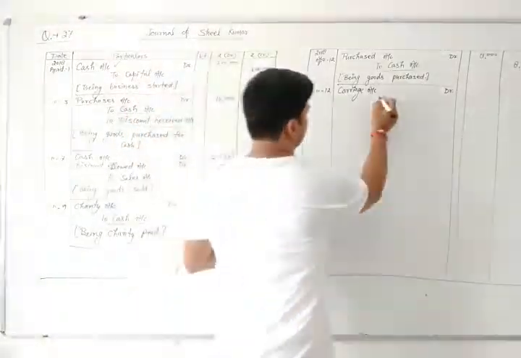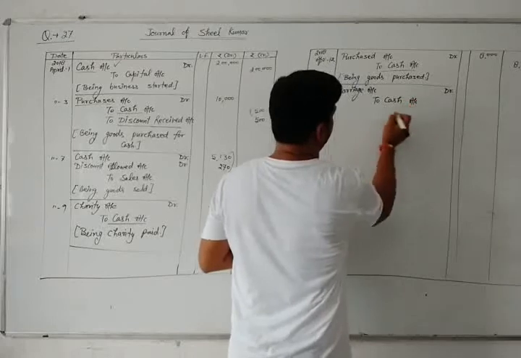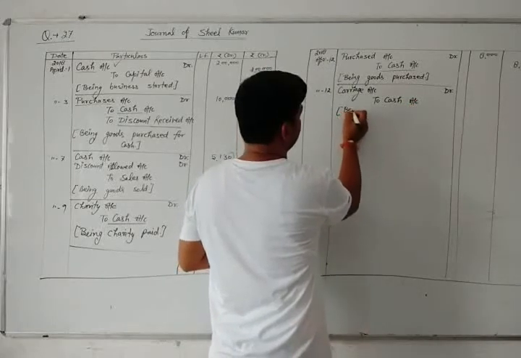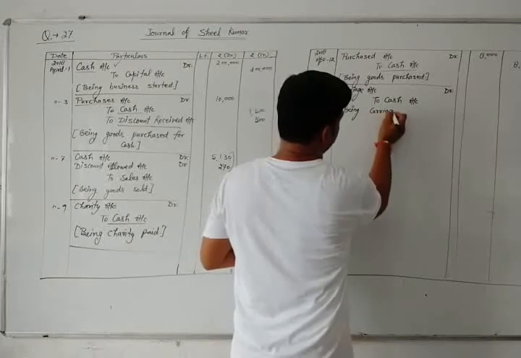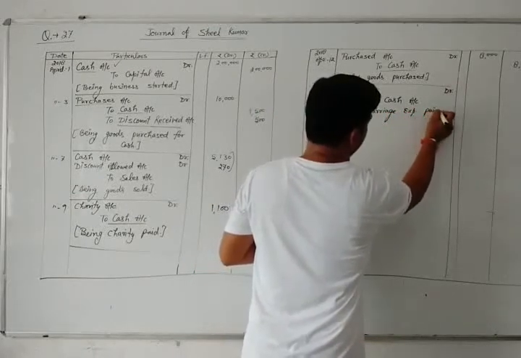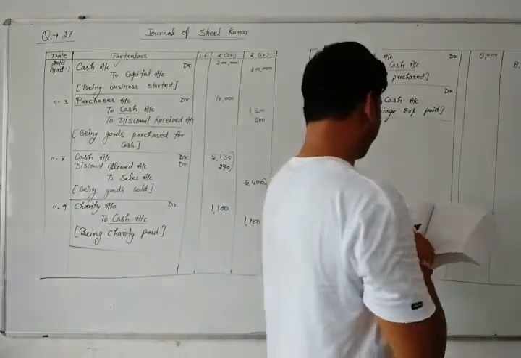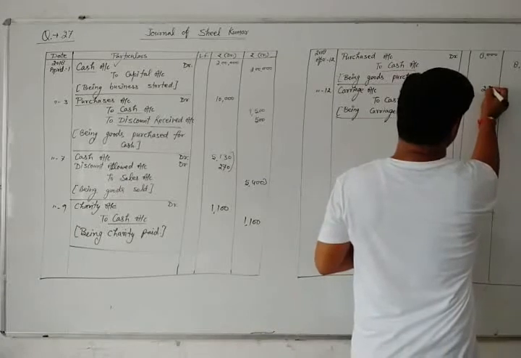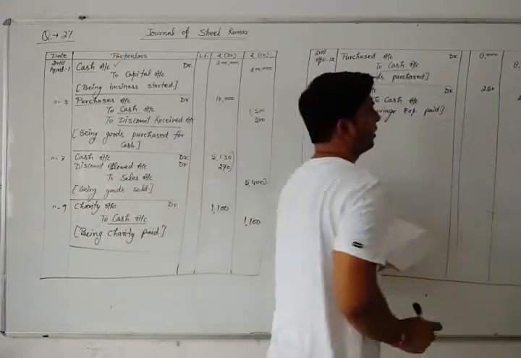Cash. So what is to be written on the credit side? That is to cash account, being carriage paid. Amount of carriage is given, 250. So here 250 will be shown.